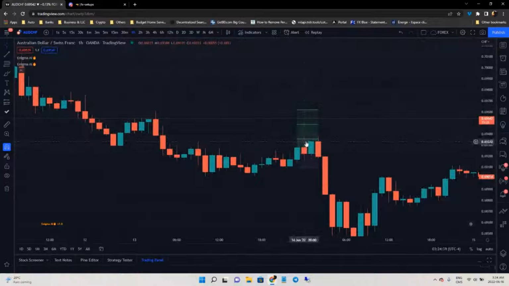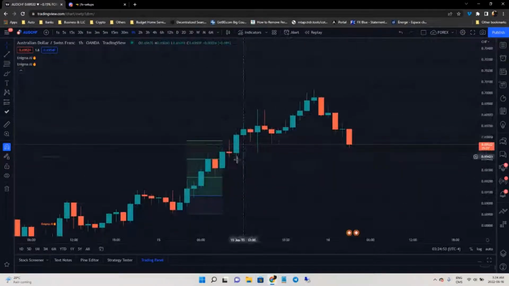But I always take at least 75% of my position at TP1, and then I let the rest ride, right? The other 25% is like a bonus for me. So if it goes to TP5 like this one, I'll make even more money.